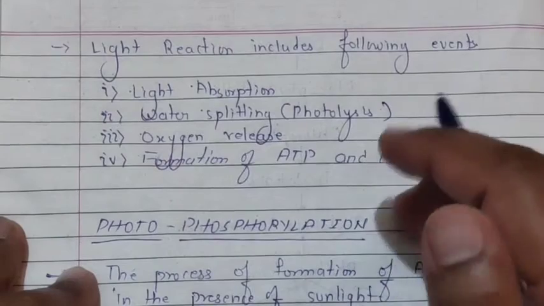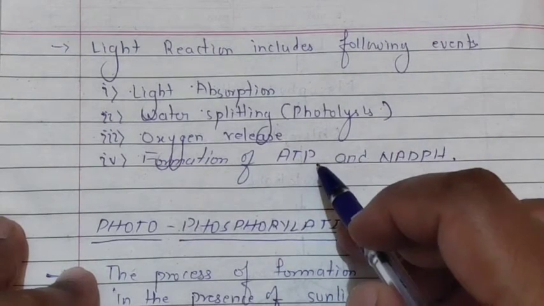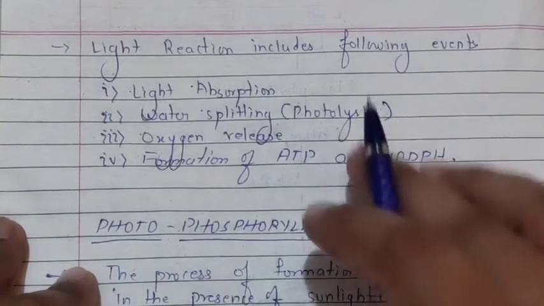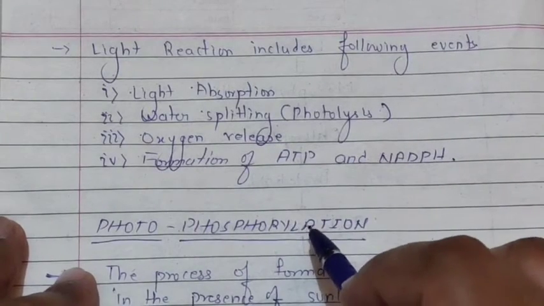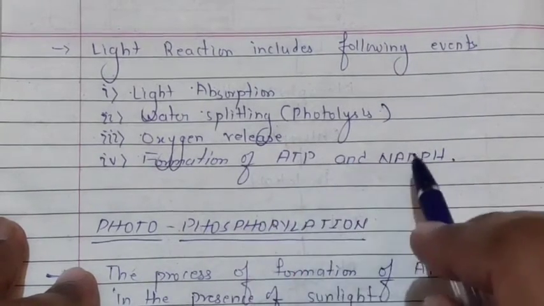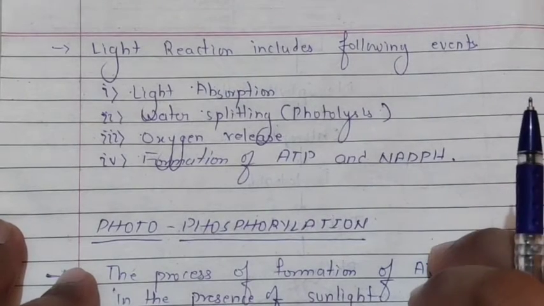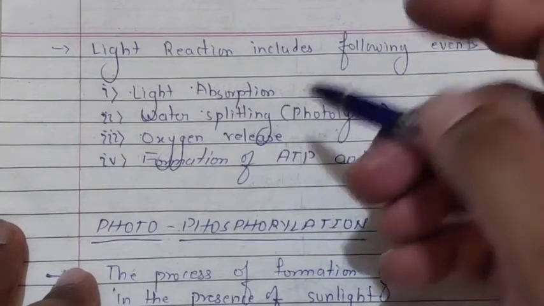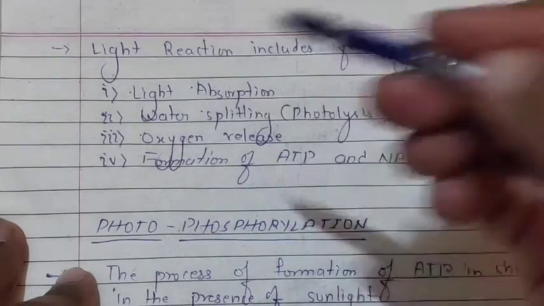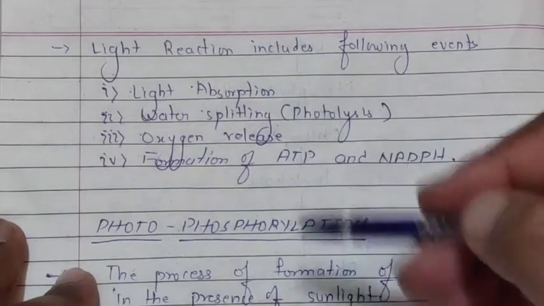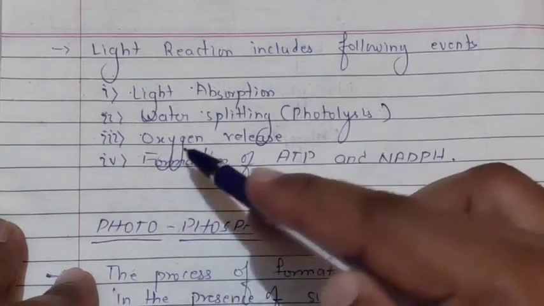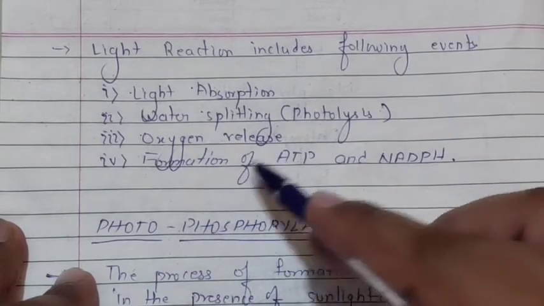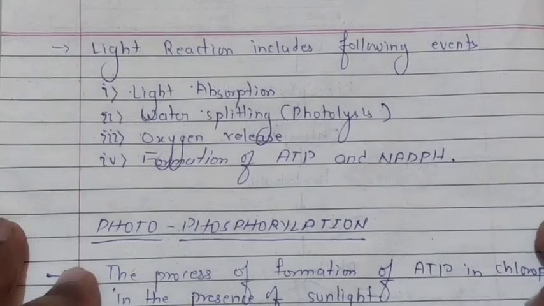So that process, photolysis, in presence of light, water is split. And there is the release of oxygen. Then the formation of ATP and NADPH. Clear? So what are the events taking place in the light reaction? Light absorption, water splitting, also called photolysis, oxygen release, formation of ATP and NADPH.